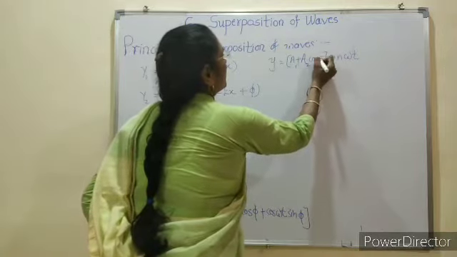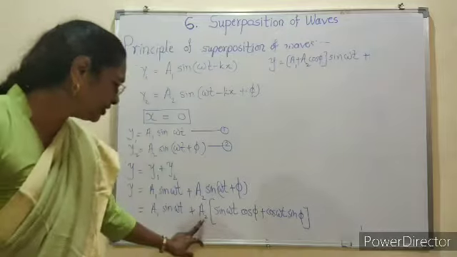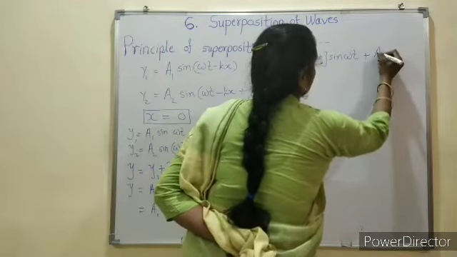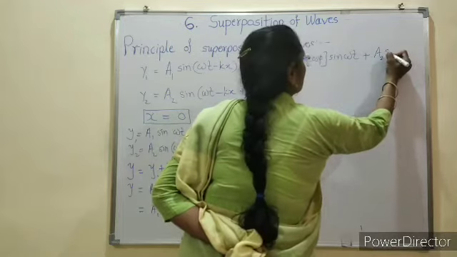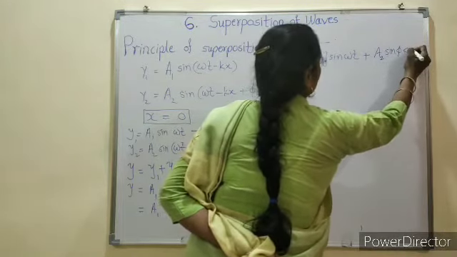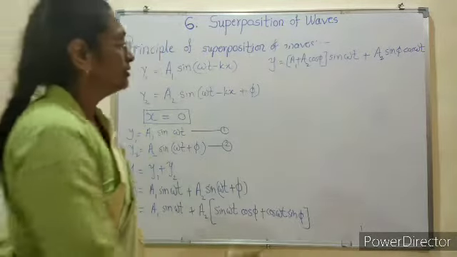The third term is a2 cos omega t sin phi, which we write as a2 sin phi cos omega t.